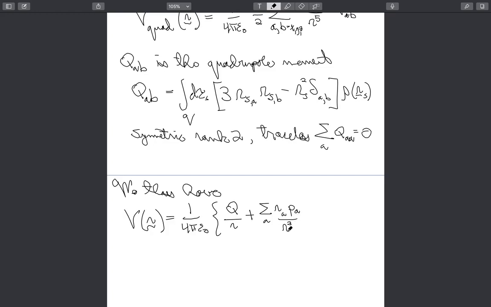Right, so you see this goes like 1 over R squared, and then we have plus 1 half sum over AB of RA RB over R5, right? So this is in total a 1 over distance cubed, QAB, plus blah, blah, blah.